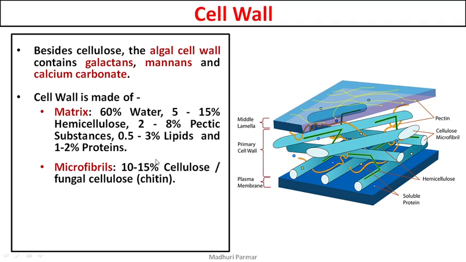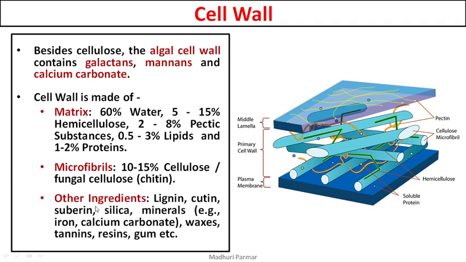Meaning the major portion of the cell wall is matrix, and after that 10 to 15% is made by cellulose microfibrils, or in case of fungus they are made up of chitin. Chitin is also called fungal cellulose. Chitin is again a polysaccharide, a homopolysaccharide.